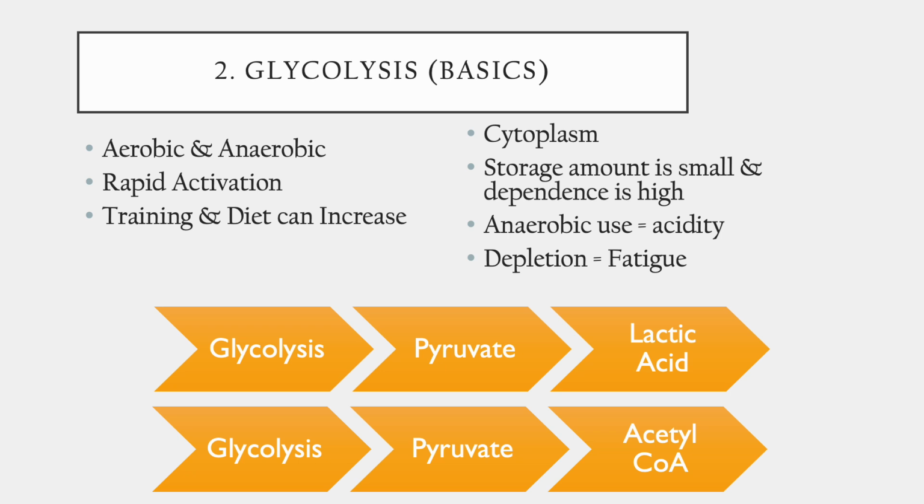That top line, glycolysis, pyruvate to lactic acid, this is our anaerobic glycolysis. The bottom, glycolysis to pyruvate to acetyl-CoA, is our aerobic system. Lactic acid is that burning sensation you may feel in your muscle if you're fatiguing and trying to really push forth through an activity.